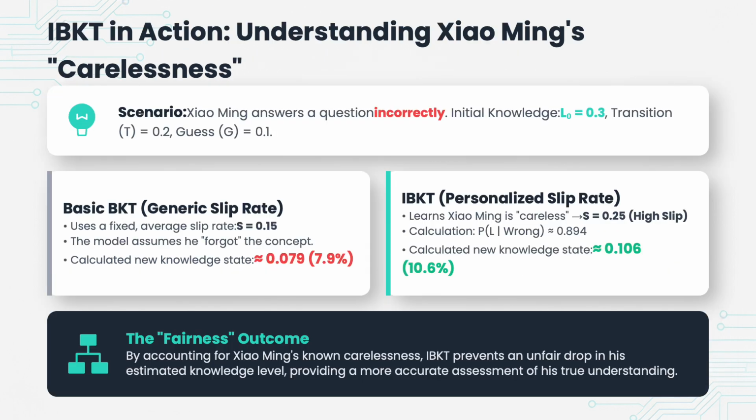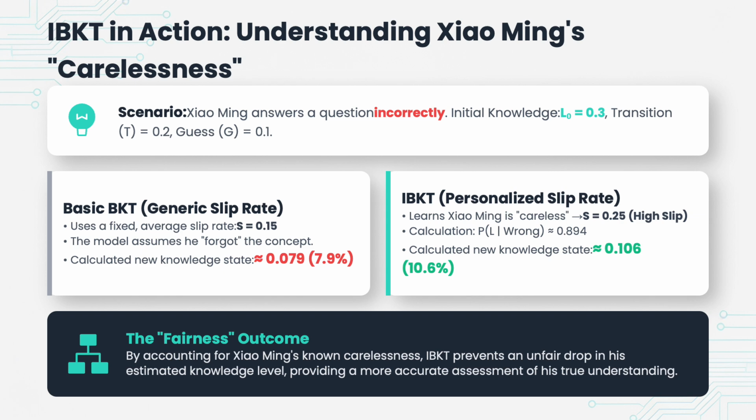Let's bring back Xiao Ming, our careless student. In a basic BKT model, if he gets a question wrong, his knowledge level drops significantly to just 7.9%. But with IBKT, the system has learned that he's prone to slipping up. So we use his personalized slip probability, which is higher, say 25%.